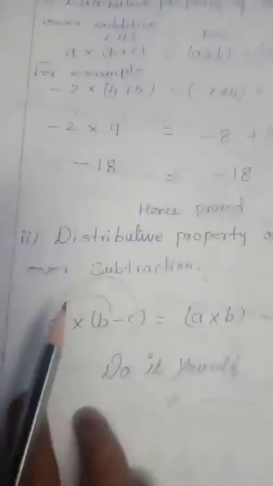The final one is the distributive property of multiplication over subtraction. A number multiplied by the difference of two integers is the same as the product a cross b minus a cross c, taking the difference between them.